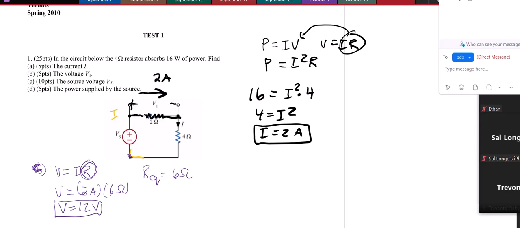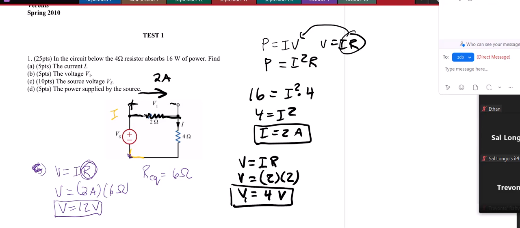And then once I have the current going across the resistor from the plus side to the minus side, then that's Ohm's law, V equals IR. This is the change in voltage across that resistor. So it'd be 2 amps times 2 ohms, or V1 equals 4 volts. So that is the voltage change across that 2 ohm resistor.